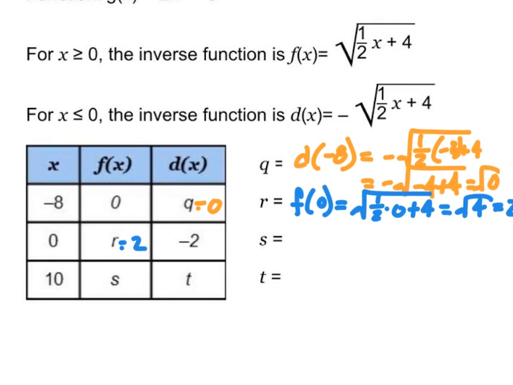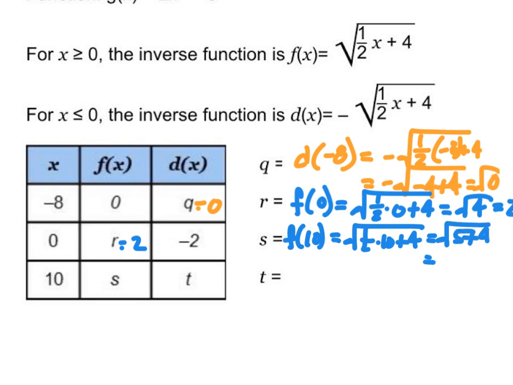If I plug in 10 for f to get s, f of 10 is going to give me the square root of 1/2 times 10 plus 4. Half of 10 is 5, so I get the square root of 5 plus 4, which gives me the square root of 9, which is equal to 3. So s is equal to 3.